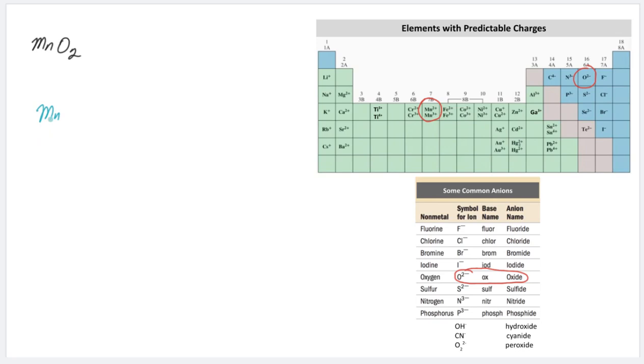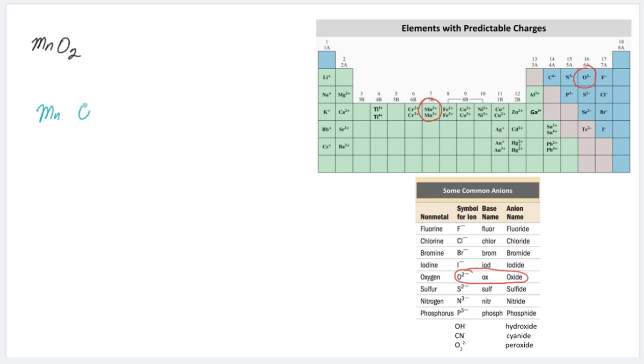Let's assume for a moment that we have an oxide. So that would be oxygen. Let's assume for a moment that what we have here are oxygen ions from peroxide.